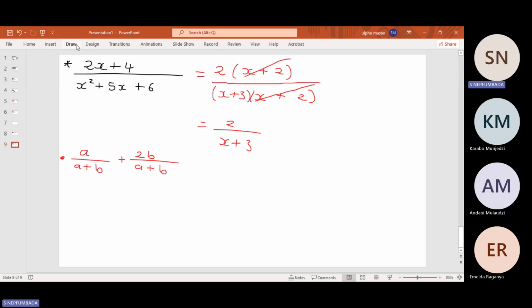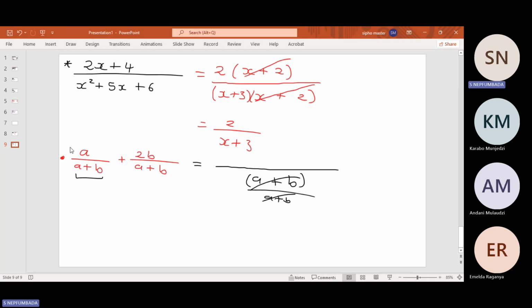And this is going to be equal to, find the LCM, which is a plus b, because both of them can go into a plus b. We say this one divides here, and they cancel, we're left with the 1.